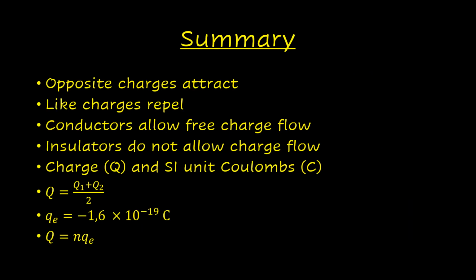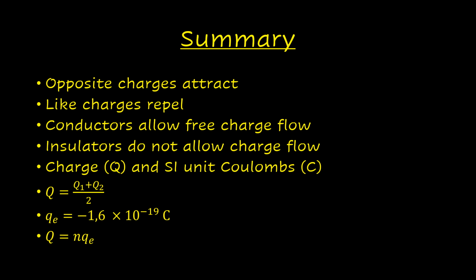We have come to the end of our lesson, and we have learned that opposite charges attract, like charges repel, and that conductors allow negative charge or electrons to flow while insulators do not.